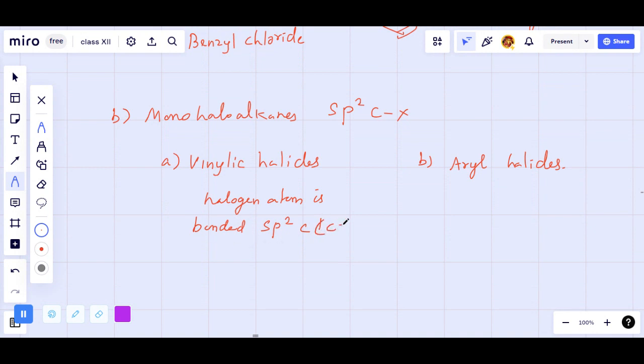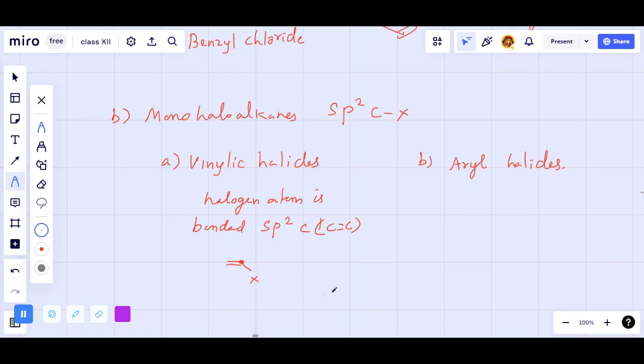So that means C double bond C. For example, suppose this is one. This is actually the star carbon. The star carbon itself has a C=C double bond. So that is a vinylic compound.